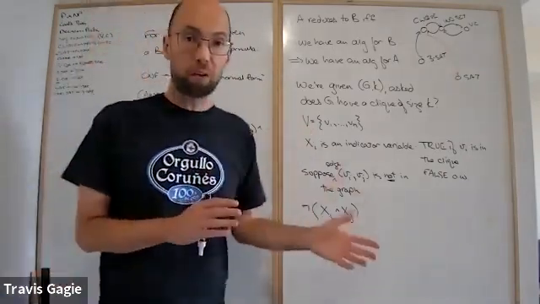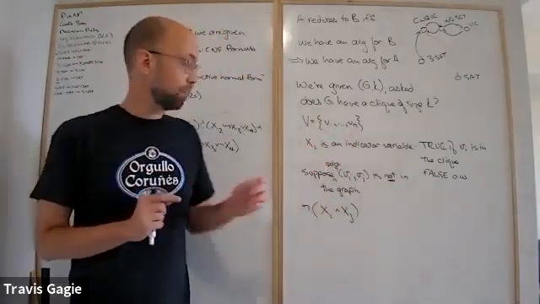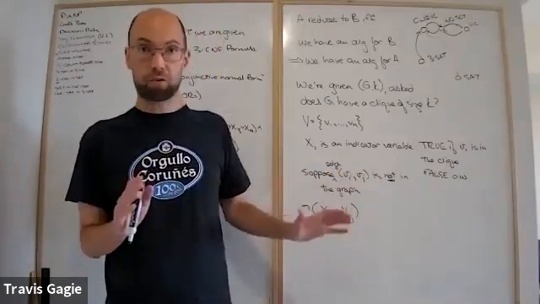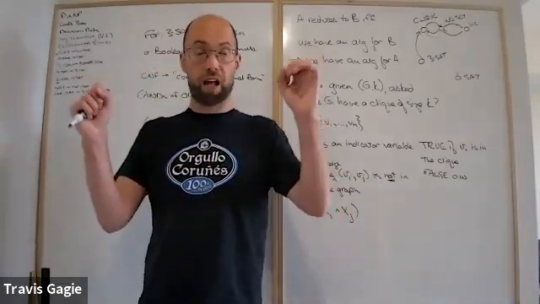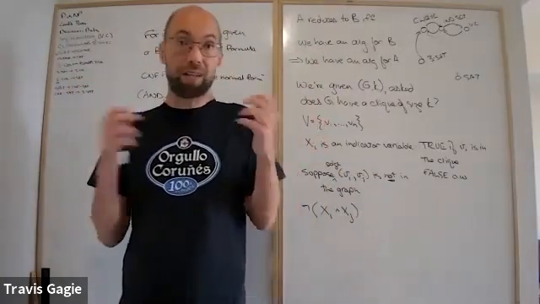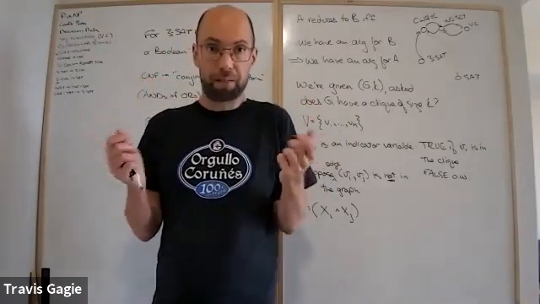So they can both be false. One of them can be true. One of them can be false. It's not going to work if you say, if there is an edge, then they both have to be true. That's not true, because you can have an edge and one of them is in the clique, but the other one isn't. The only thing you can't have is, if you don't have the edge, them both in the clique.